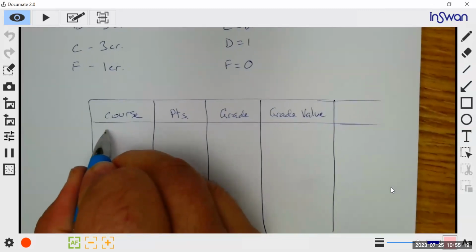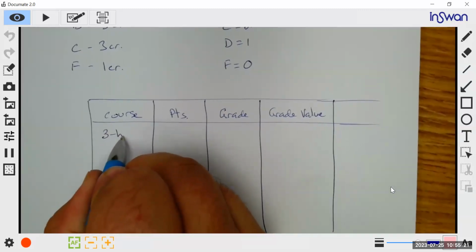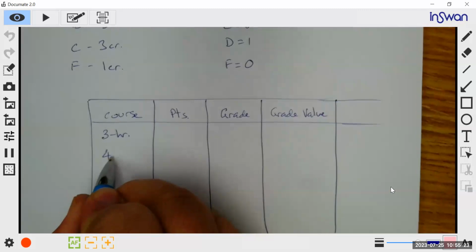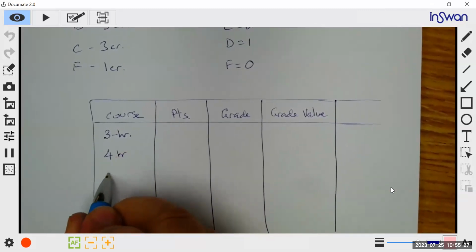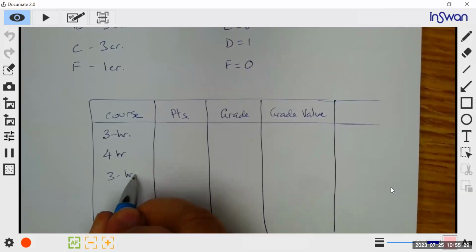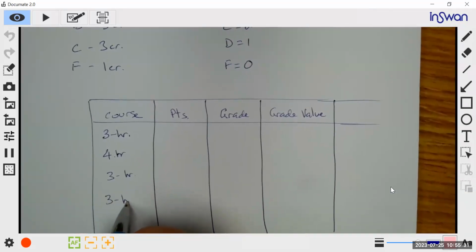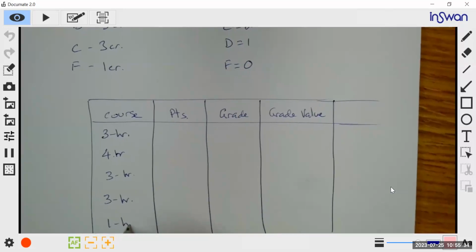So the first one was a 3-hour course. The next one was a 4-hour course. The next one was a 3-hour course, another 3-hour course, and a 1-hour course.